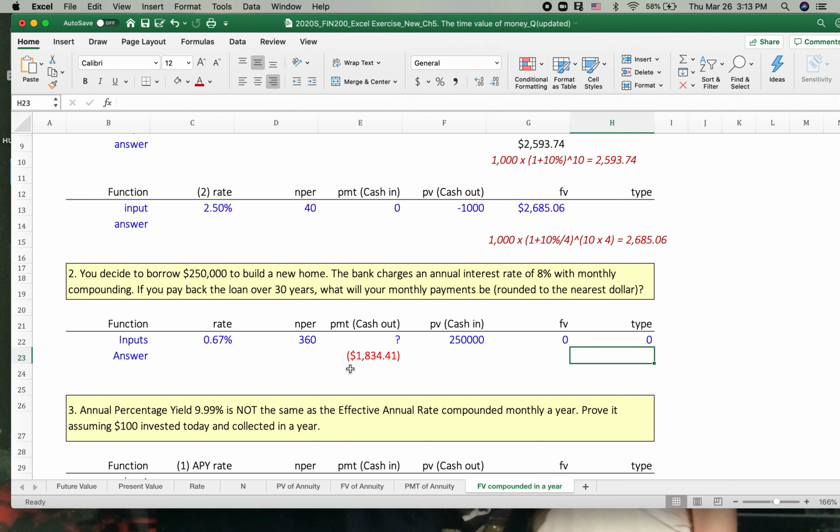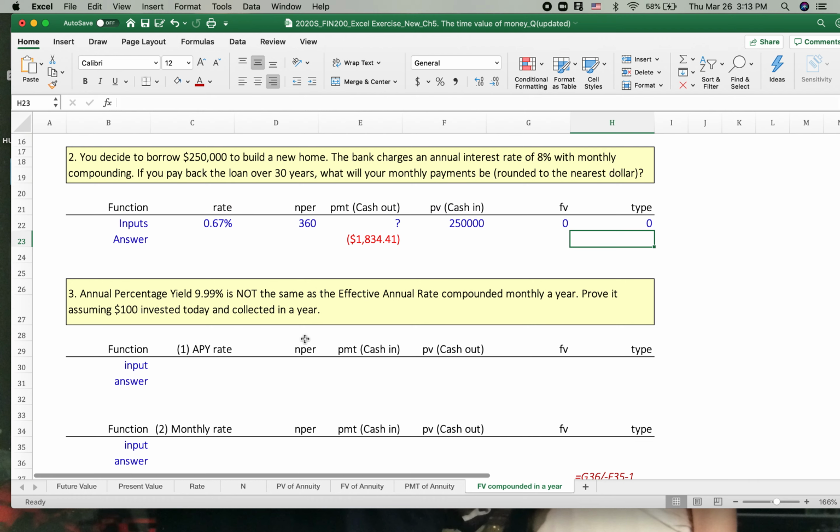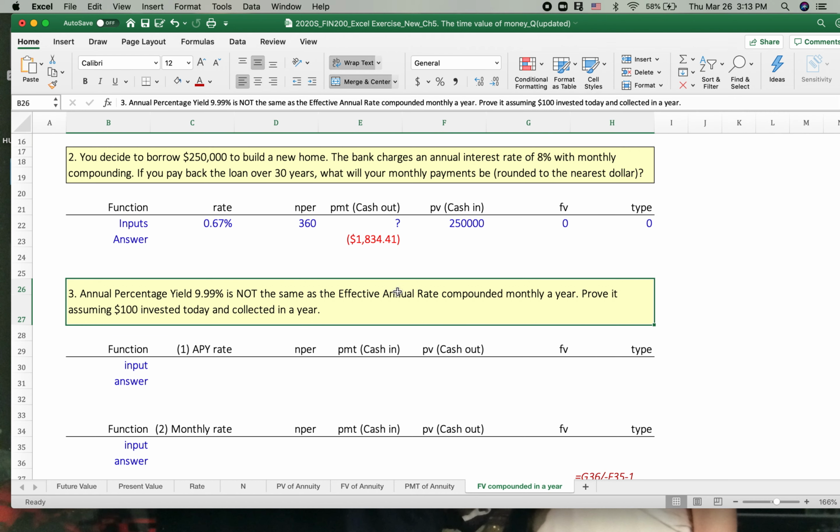So more amount here. And then question number 3 is the comparison between the annual percentage yield and the effective annual rate. So first, the annual percentage yield ignores the compounding process, the monthly compounding process, but the effective annual rate considers the compounding process.